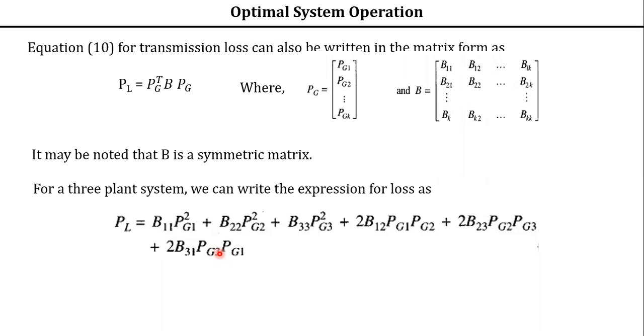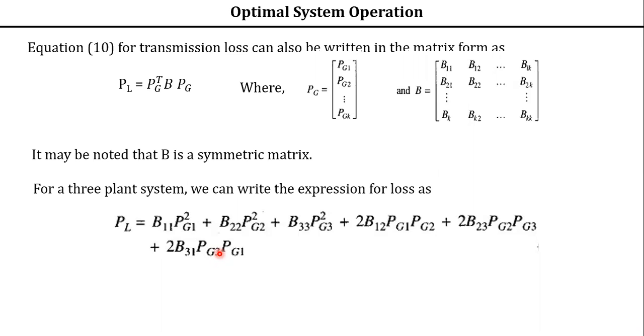It can also be represented in matrix form, which is there on your screen. This way also you can solve your P_L. Once after getting the P_L equation, take the partial derivative of this P_L with respect to P_GI. Whatever the resultant equation will be your ITL, incremental transmission loss. Substitute this in your equation 9. So you will get the required equation of P_GI. This is what we studied in today's class.